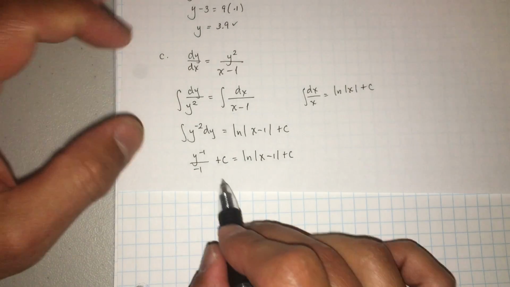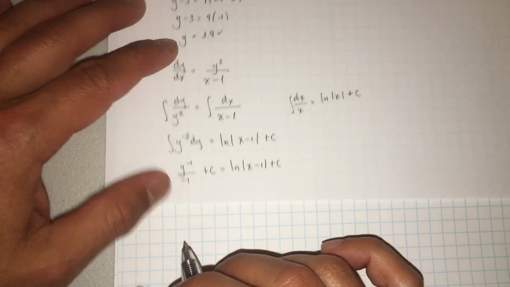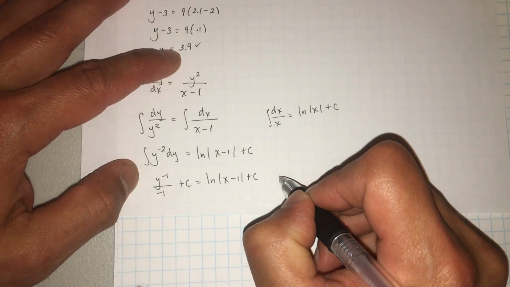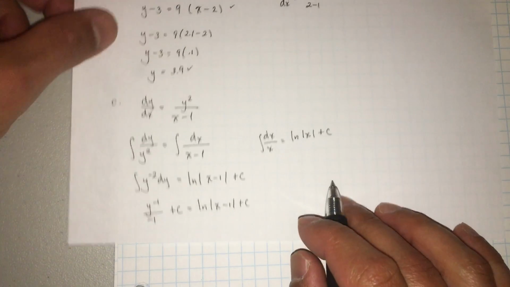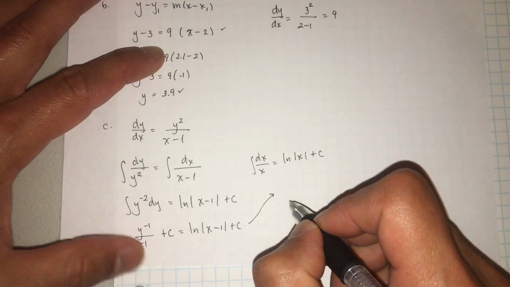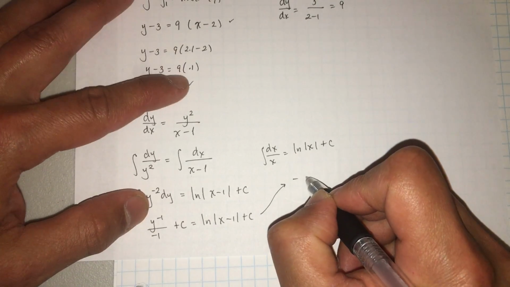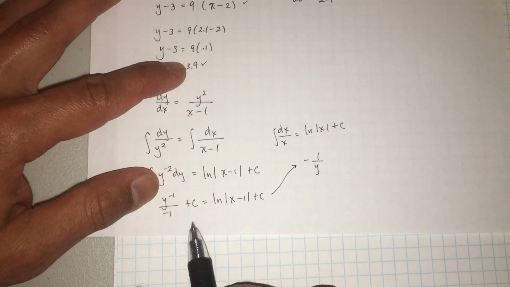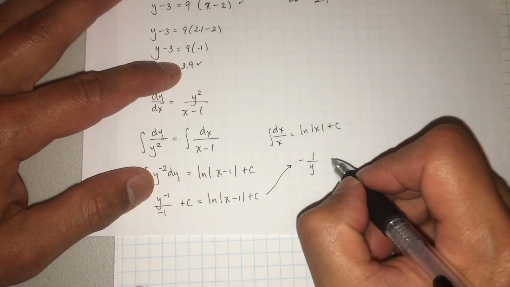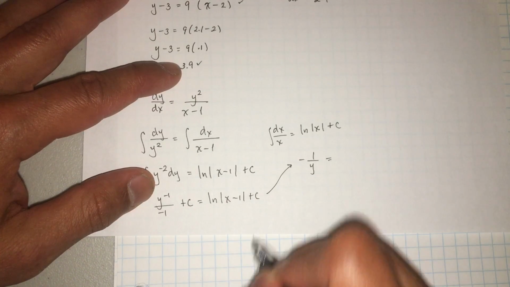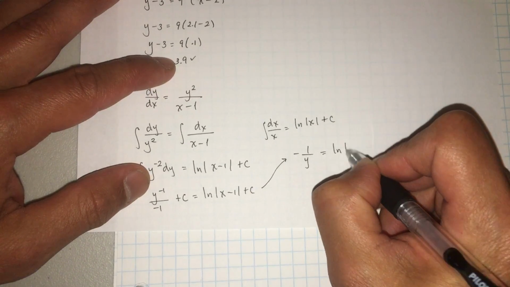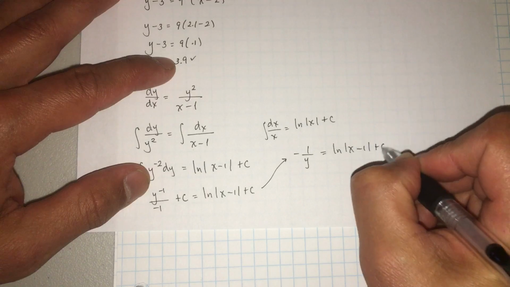And so we don't need both of them. But let's just go ahead and leave it like that. So let's rewrite it here. So I'm going to have negative 1 over y. I'm just going to do the reciprocal because I don't like that negative exponent. And then this c is going to go to the other side. So I'm just going to have ln of the absolute value of x minus 1 plus c.